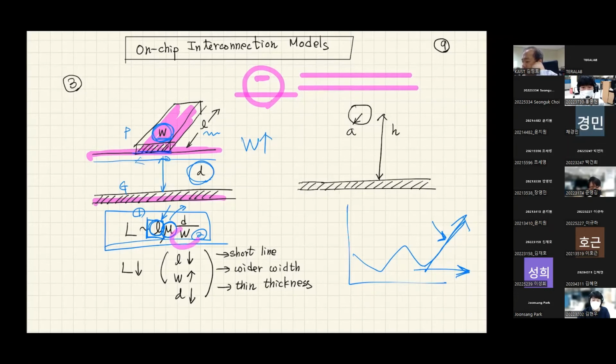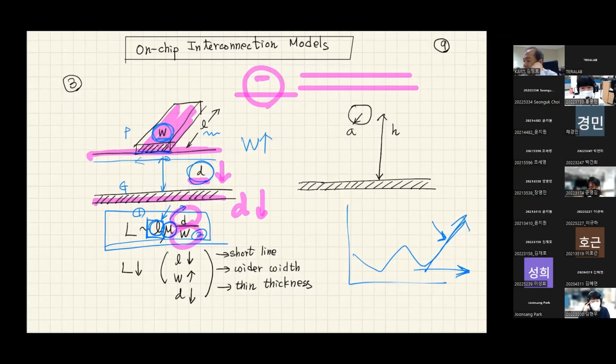The last thing is to reduce the thickness. Thinner will help. So the design rule is to make power and ground metal as close as possible and as wide as possible, and make very short interconnection.